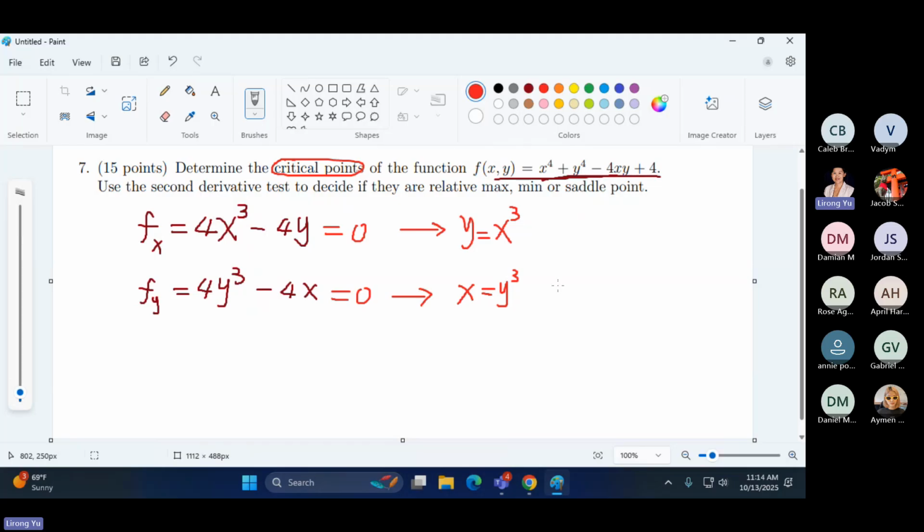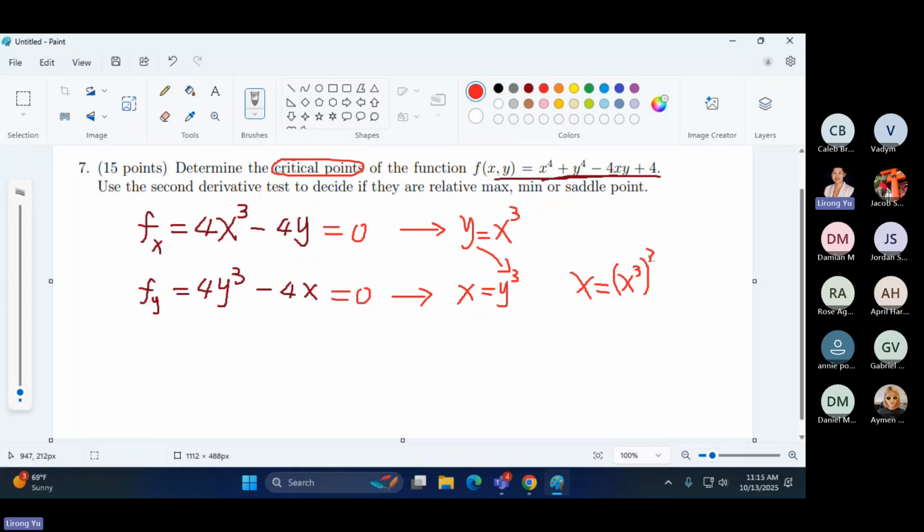So what can we do? One thing we can do is multiply them or divide them. Let's see, we substitute. So if we substitute y into the second equation, we have x equal to y cubed and y equal to x cubed. That is x equal to x cubed, all cubed.